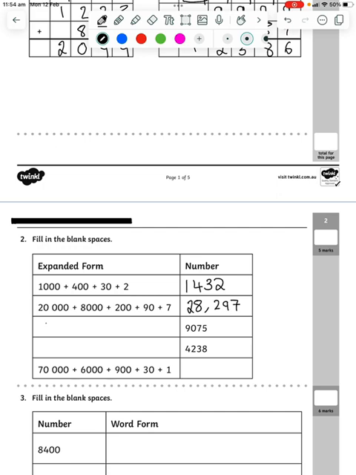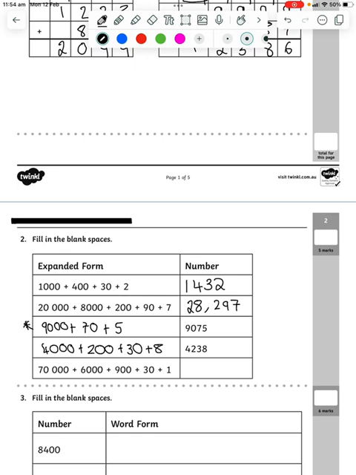We're now going to work backwards. So we've got 9,000 plus, there's no hundreds, so then we're going to go 70 plus 5. For this one, we have 4,000 plus 200 plus 30 plus 8. Now, it's really important to make sure you're putting them in the right place. So for example, with this one here, we have no hundreds.